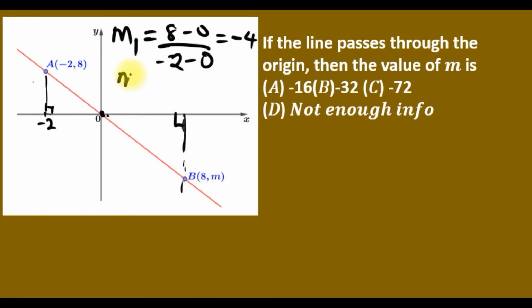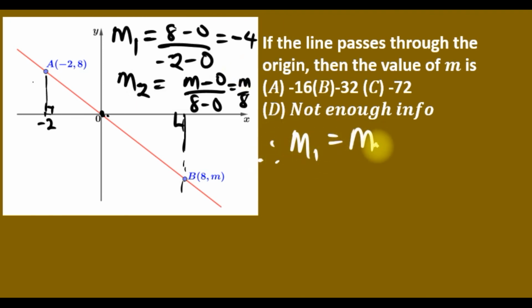So m2 will be m minus 0 over 8 minus 0, so I have m over 8. From what they say, since the points are on the same line, m1 will be equal to m2.